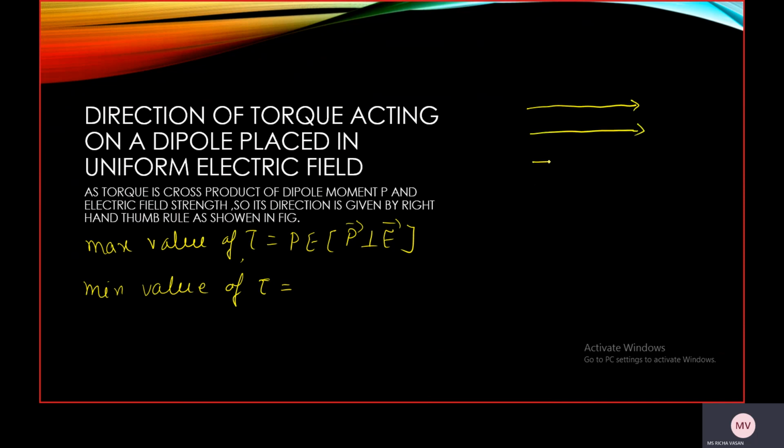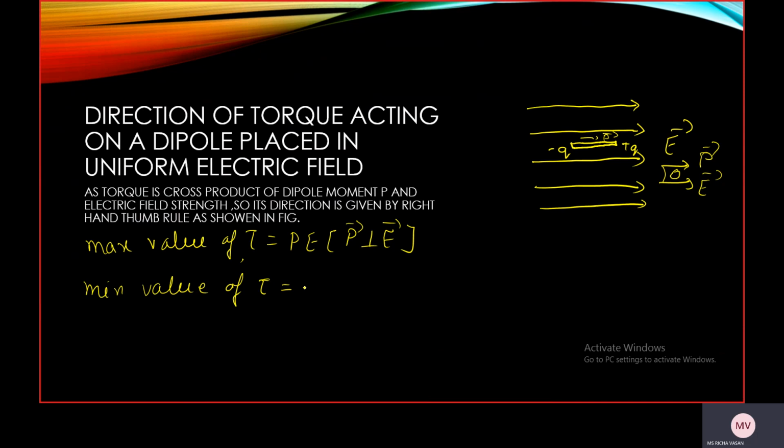So when our dipole is in the direction of the electric field, the direction of the dipole is from minus q to plus q, so P is in the direction of the electric field. Here the angle between the electric field and dipole is 0, right?